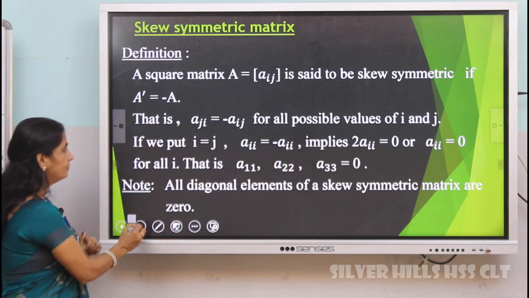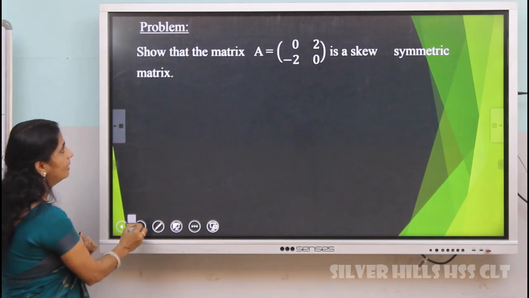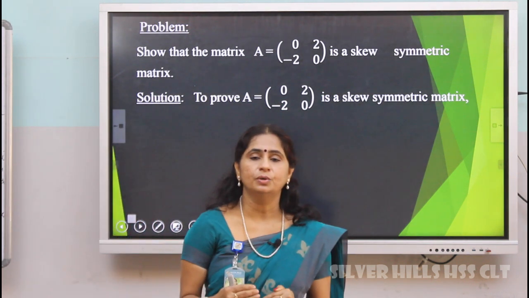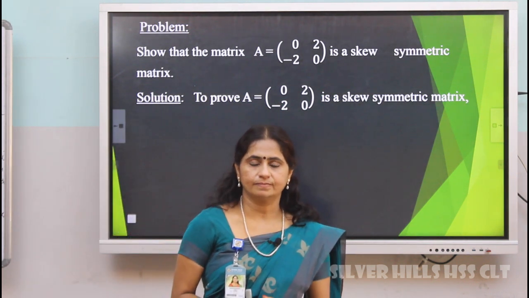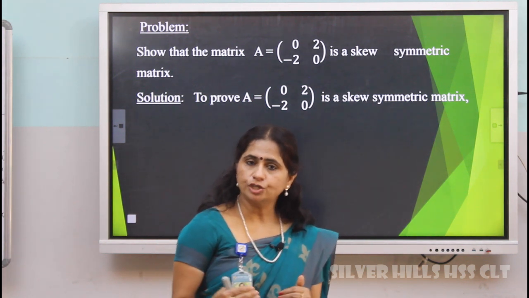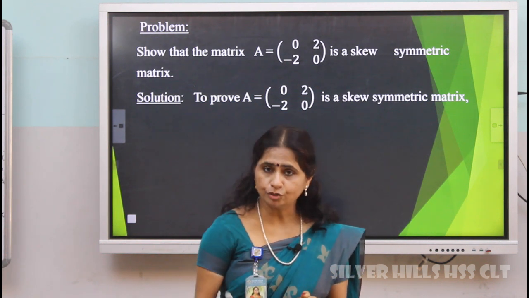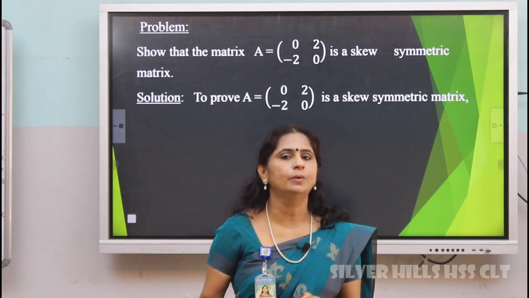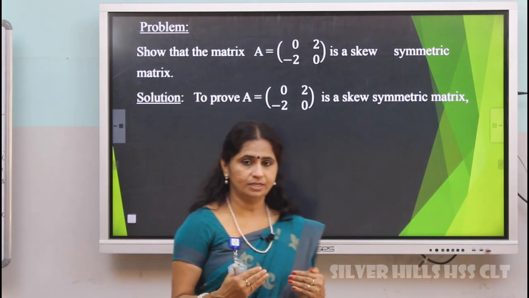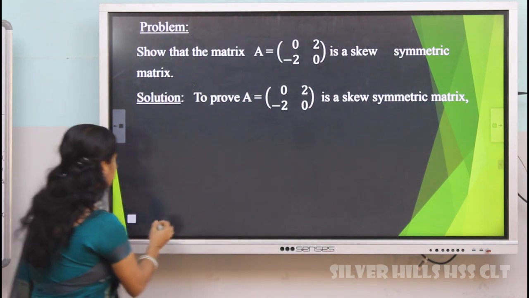We will do a problem under this. Show that the matrix A is equal to 0, 2, minus 2, 0 is a skew symmetric matrix. As the theory goes, whenever we want to show any matrix is a skew symmetric matrix, we have to show A transpose is equal to minus A. So, the first step is to take the transpose of the given matrix.